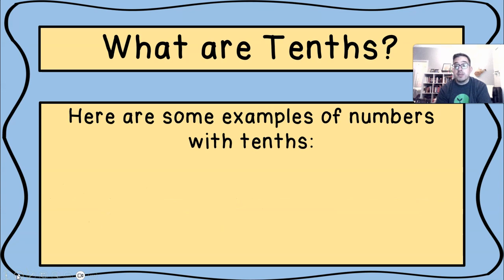Here are some examples of numbers with tenths. We're going to read this as 8 tenths because there's an 8 in the tenths place, 1 digit after the decimal spot. It's 8 tenths.